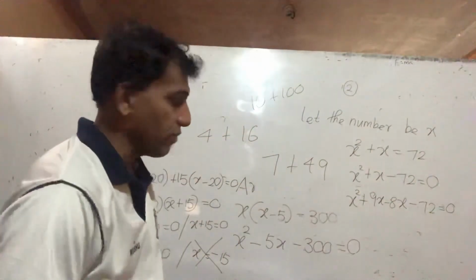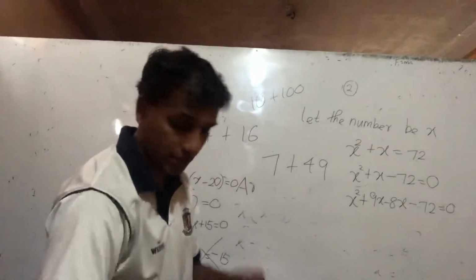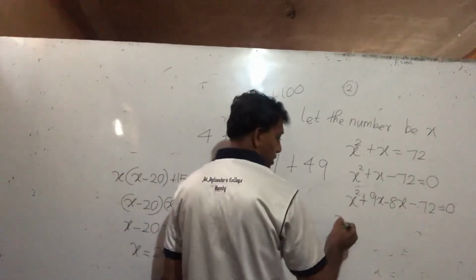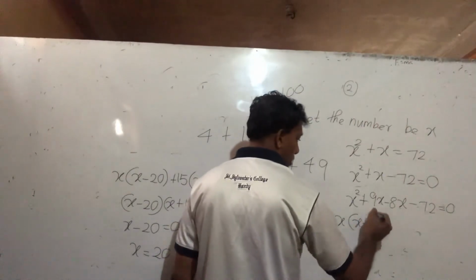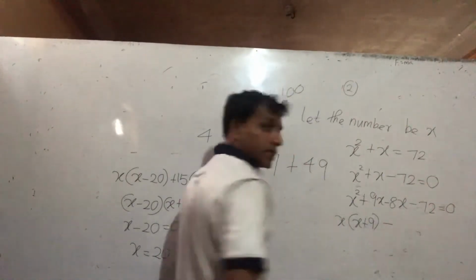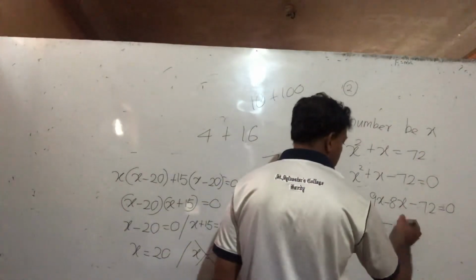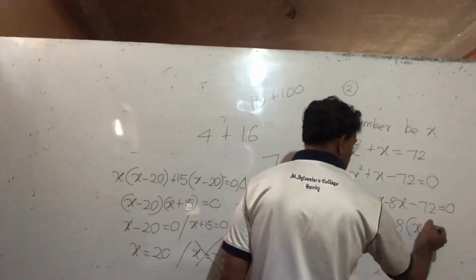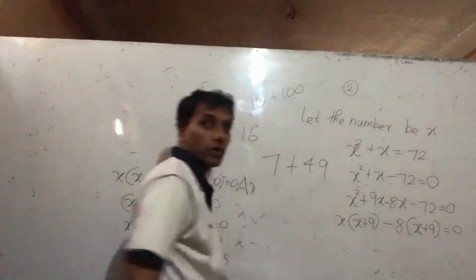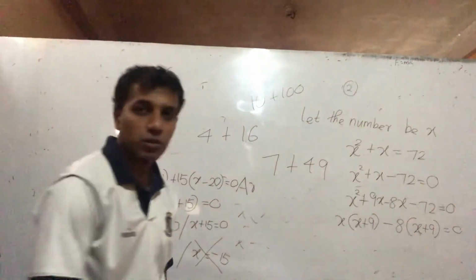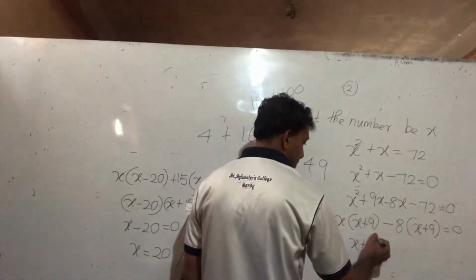Now solve by the factorization method. Use the factors. Factorize now. I'll take the x out: x plus 9. Here minus, take the minus out, and 8 also is a common factor: x plus 9 equal to 0. So out of all, x plus 9 is one factor.